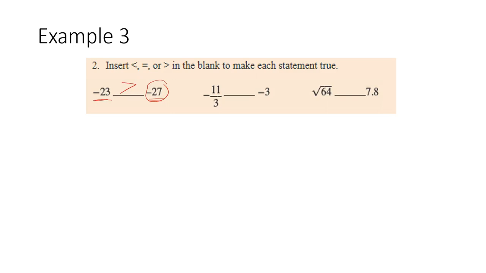Here, negative 11 thirds, well, if we rewrite this as a decimal, this is going to be negative 3.67. Negative 3.67 is more negative than negative 3, so it is less than negative 3. And finally, the square root of 64 is equal to 8, and we know that 8 is greater than 7.8.